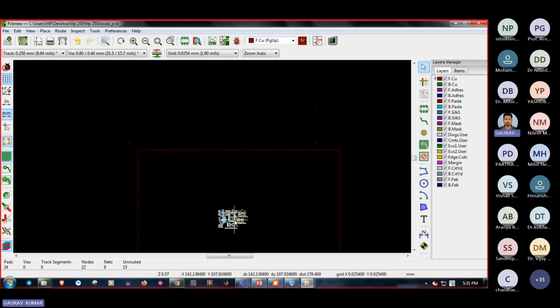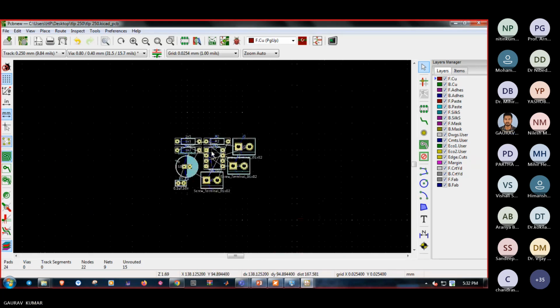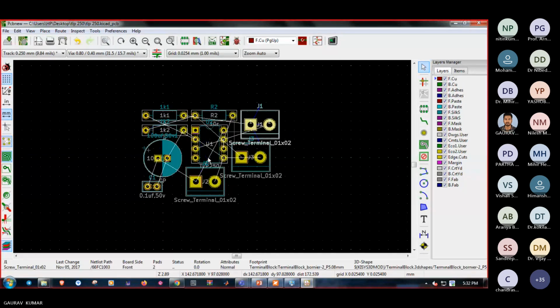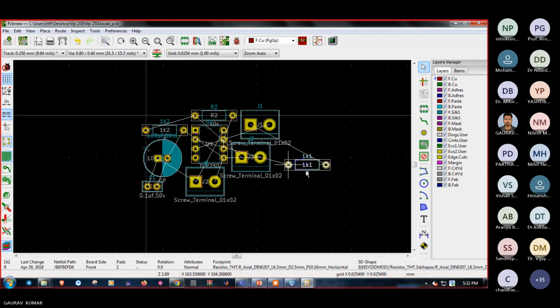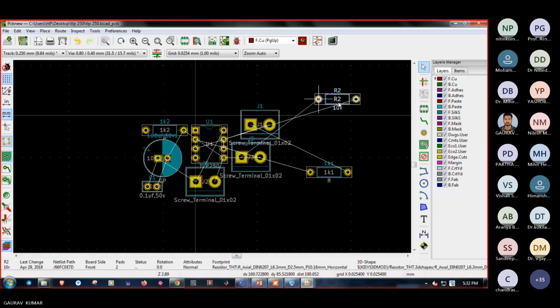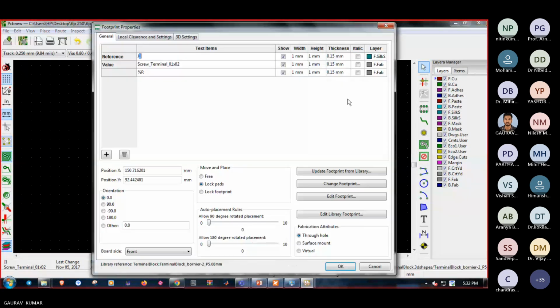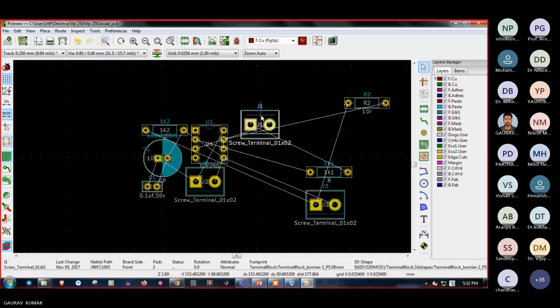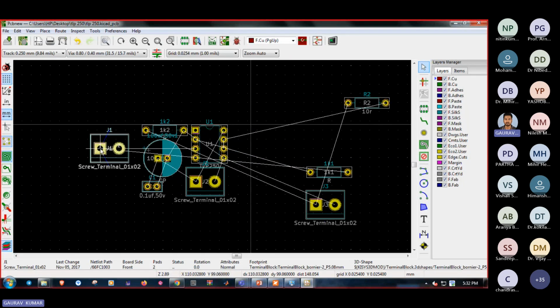Now you have to arrange the components according to your schematic.